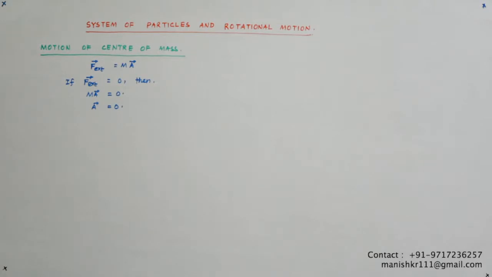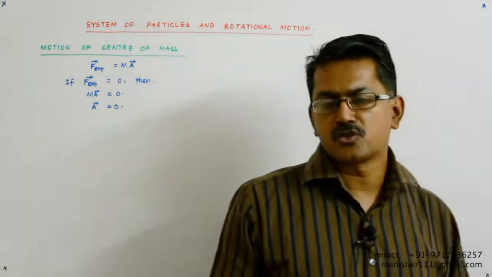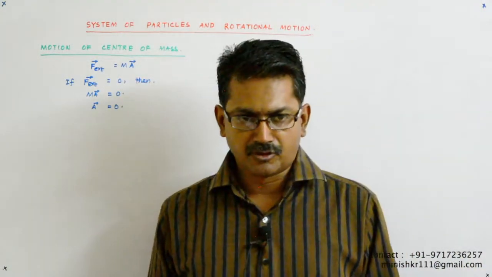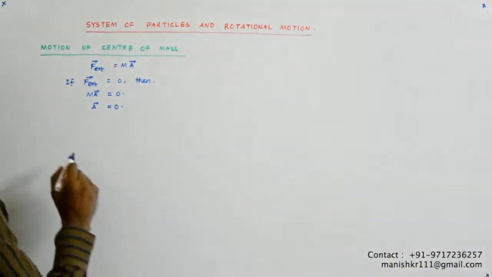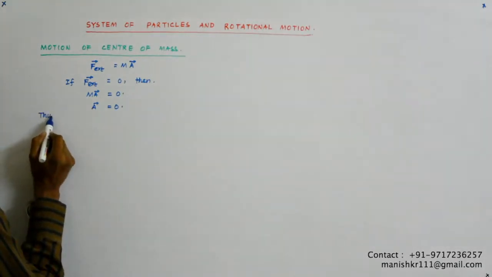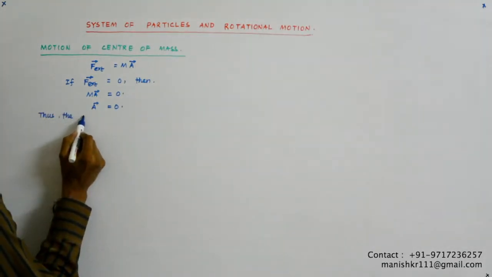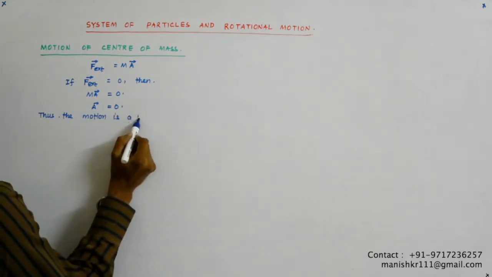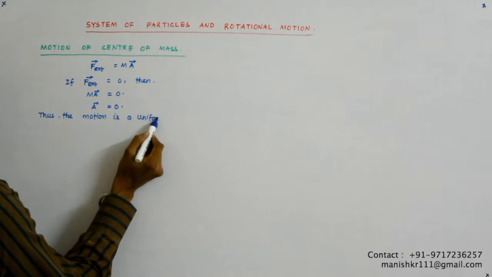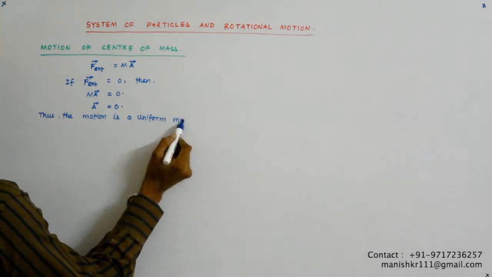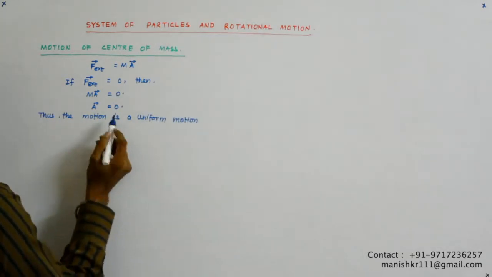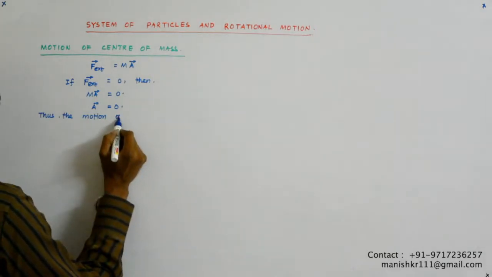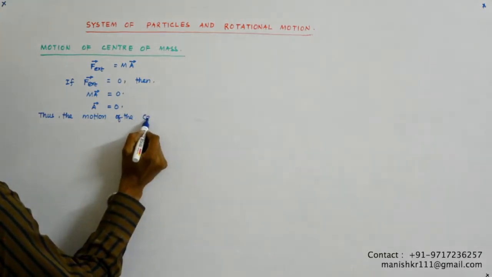So the acceleration is 0. It means the motion is uniform. Thus, the motion is a uniform motion. The motion of what? The motion of the center of mass.